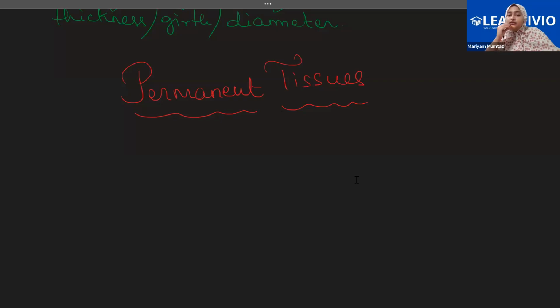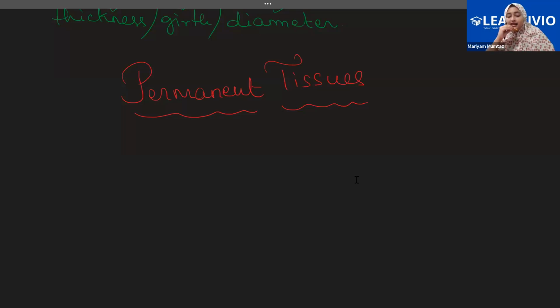Very good. Now they have a permanent shape. They have a fixed shape and size. Their size and shapes do not vary. Apart from that, they mostly are dead tissues, but some living tissues are also found in them.